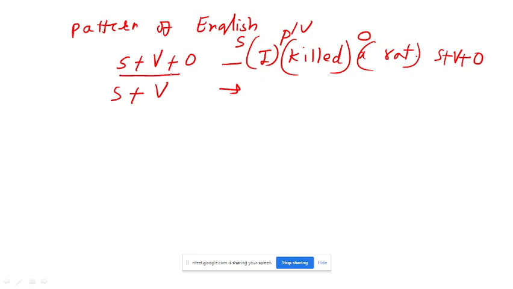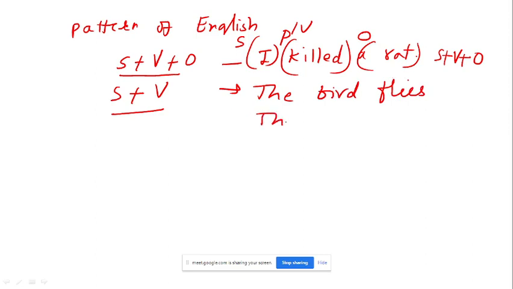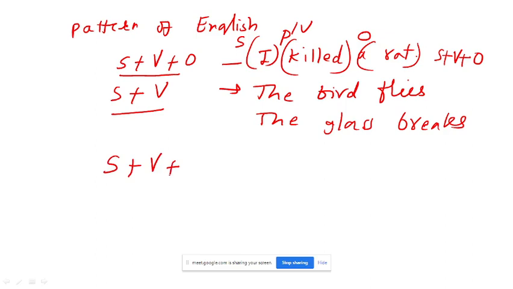So S plus V, this is subject. For example, the bird flies, or the glass breaks. One more pattern of sentence you find in the English language is subject plus verb plus complement.